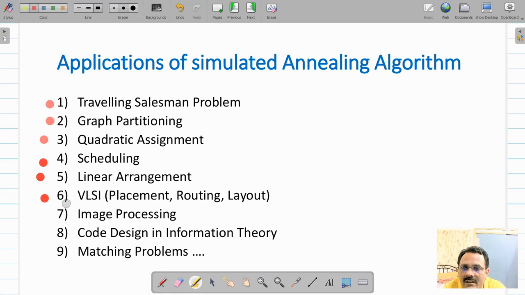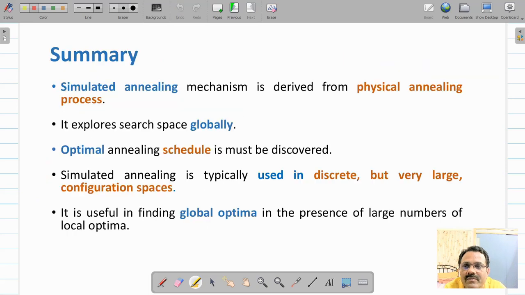Optimal design of VLSI is very important, so such an algorithm is used for that purpose. It is also used in image processing, code design and information theory, and some matching problems. So a lot of applications are there for this algorithm.